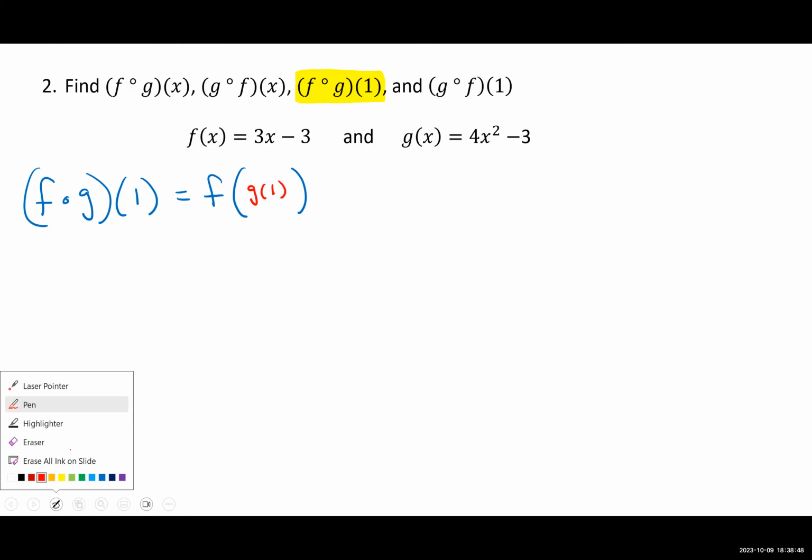So g, if we ignore the f part, if we ignore the blue part, what is g of 1? What is just the g of 1 part? Well, that means we plug 1 into the g function.